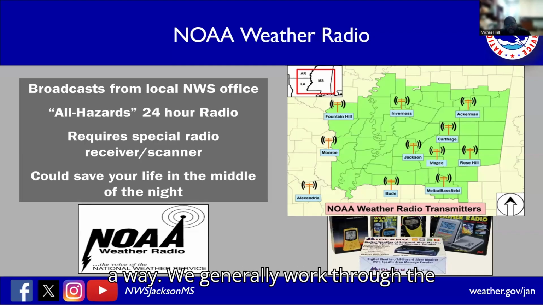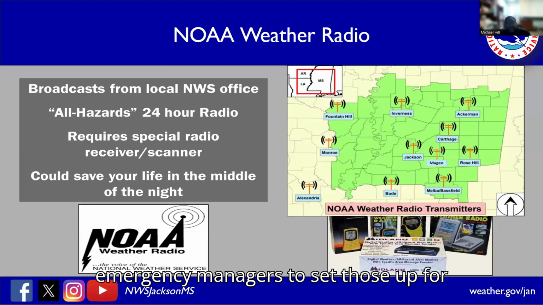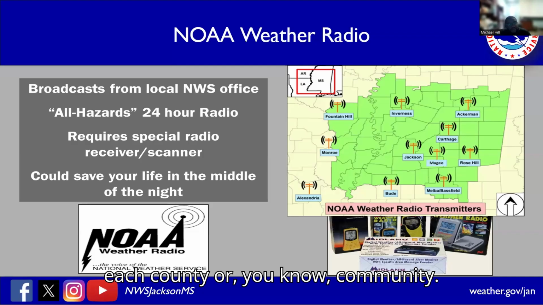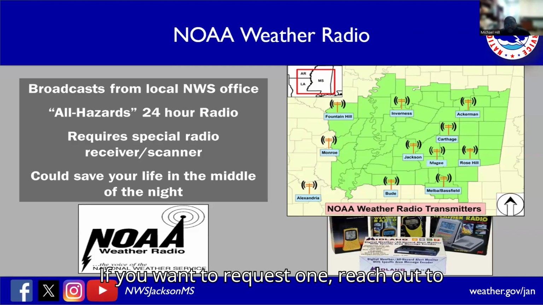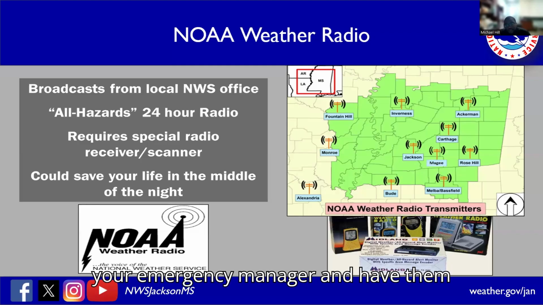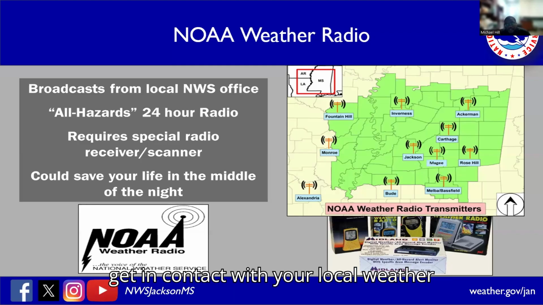Yes, there is a way. We generally work through the emergency managers to set those up for each county or community. If you want to request one, reach out to your emergency manager and have them get in contact with your local weather service office.